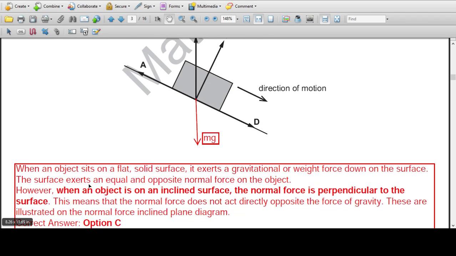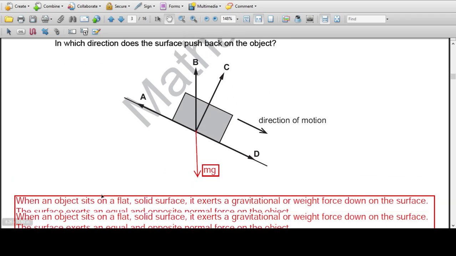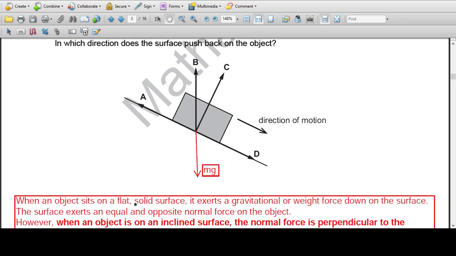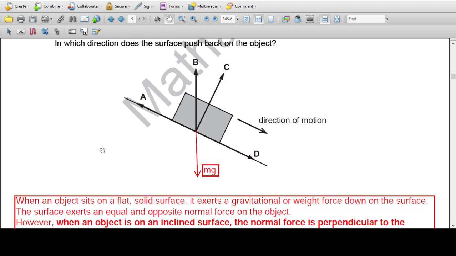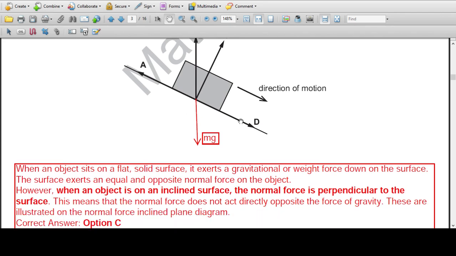We can learn from here that when an object is placed on a flat solid surface, it exerts a gravitational or weight force down on the surface. So if it is placed on a horizontal plane like this, then the normal force would be B.